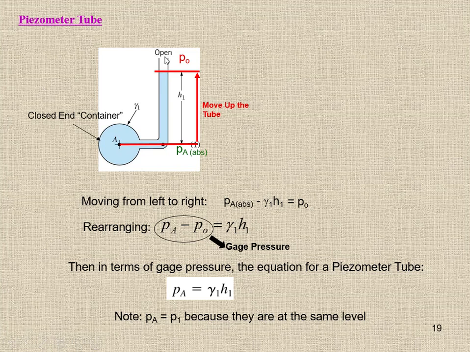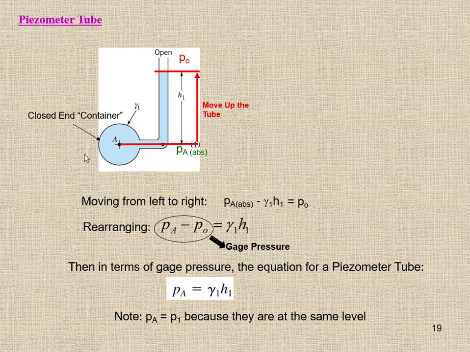The pressure exerted at the top is the atmospheric pressure, because this is the free surface. At the free surface, the pressure which acts is the atmospheric pressure. We know that the pressure at A and the pressure here are the same, because the fluid is continuous, and we can consider this our reference point.